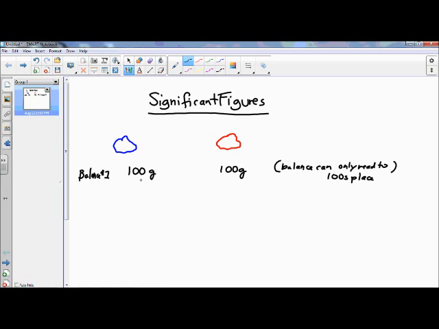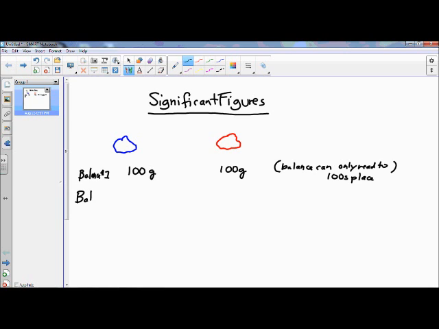So it could read 100 grams, and if it's between 100 and 200, it would either round it down to 100 or up to 200. And if it was less than 100, it would either round it up to 100 or down to 0. This particular balance doesn't give us a lot of information about the rocks.